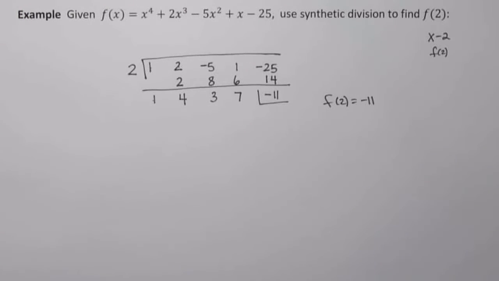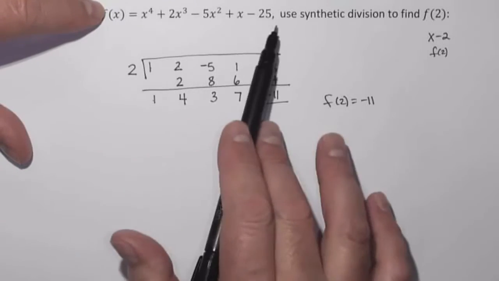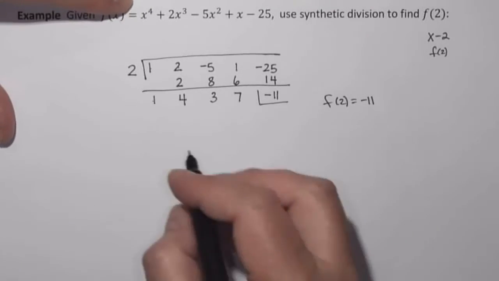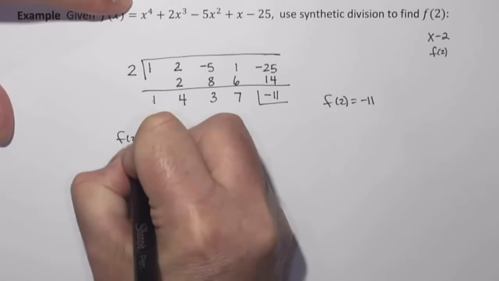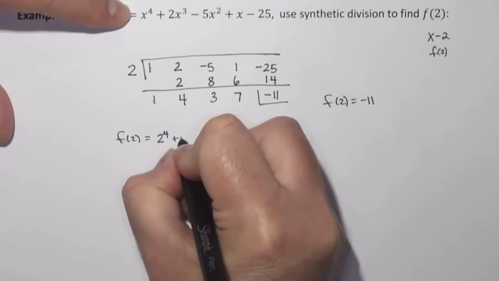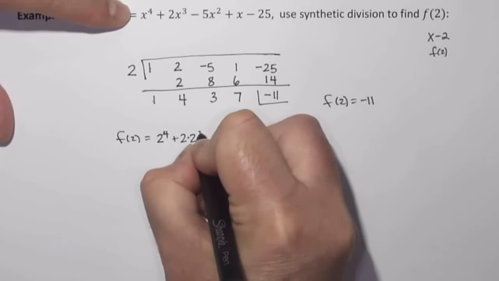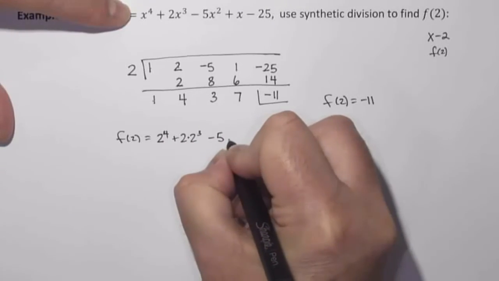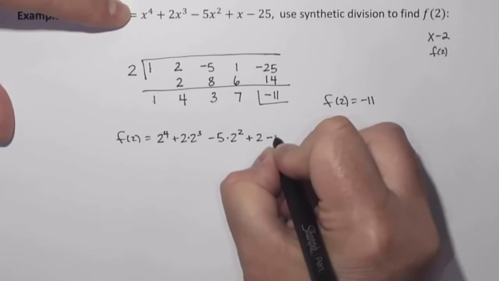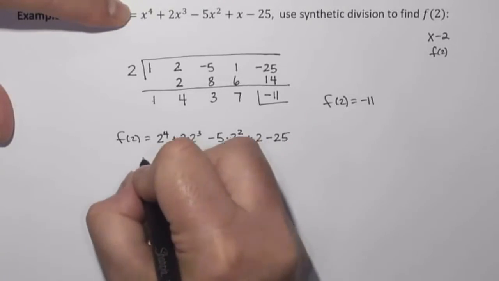Now we can verify this. We can verify this by substituting 2 into the function just to see that we actually do get negative 11. So if I find f of 2 by substituting, then I'm going to have 2 to the fourth power plus 2 times 2 to the third power minus 5 times 2 squared plus 2 minus 25.